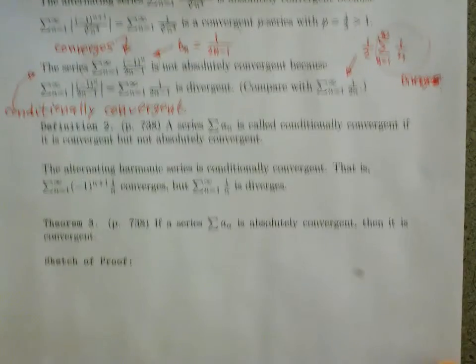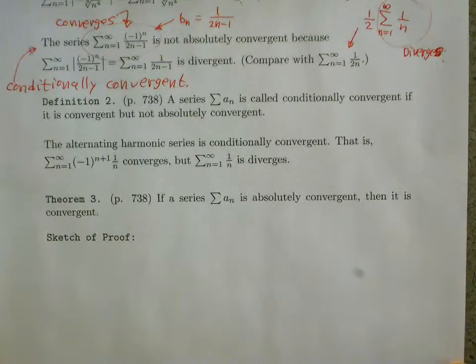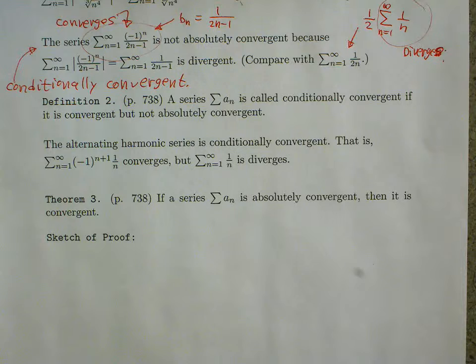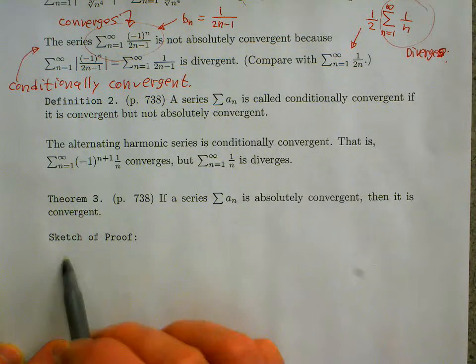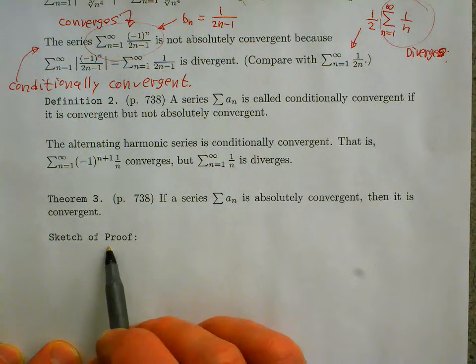Hey, here's a theorem that's going to be of great use. If a series is absolutely convergent, then it is convergent. So here's a short sketch of a proof.